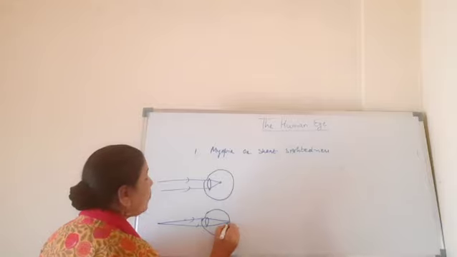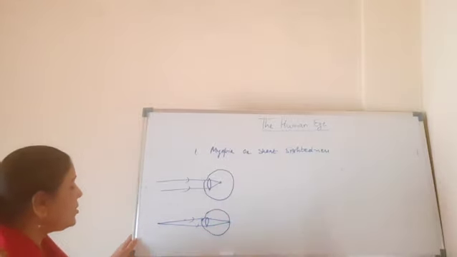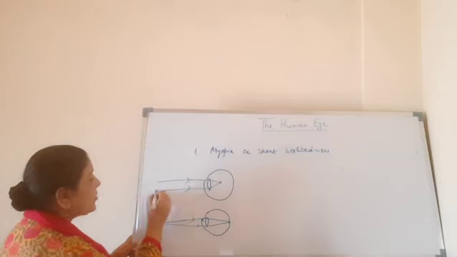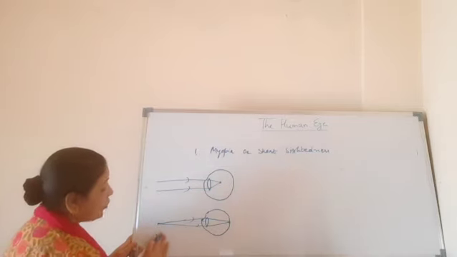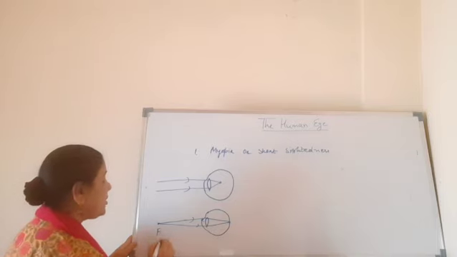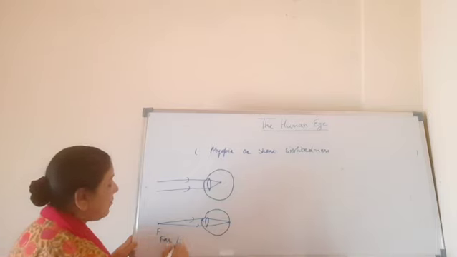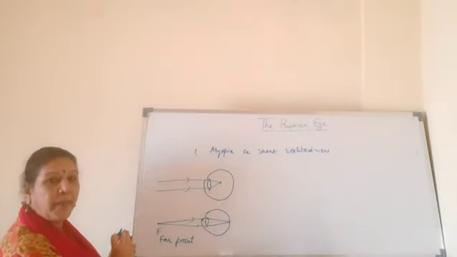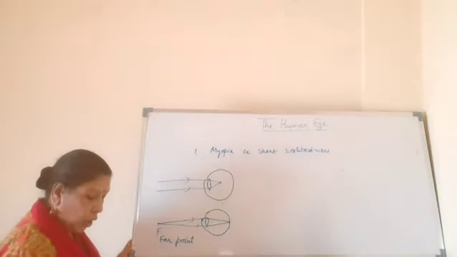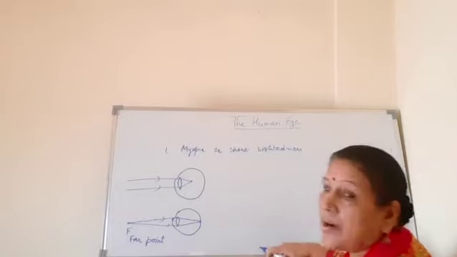So what is the correction which has to be done? This is the far point, which is at infinity. I'm going to take F for far point. So this is the far point for the myopic eye. Instead of being at infinity, it becomes closer, nearer. So how is it to be corrected?